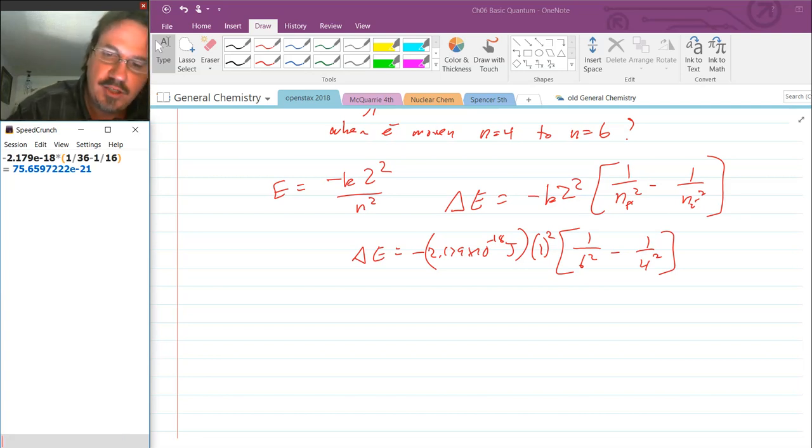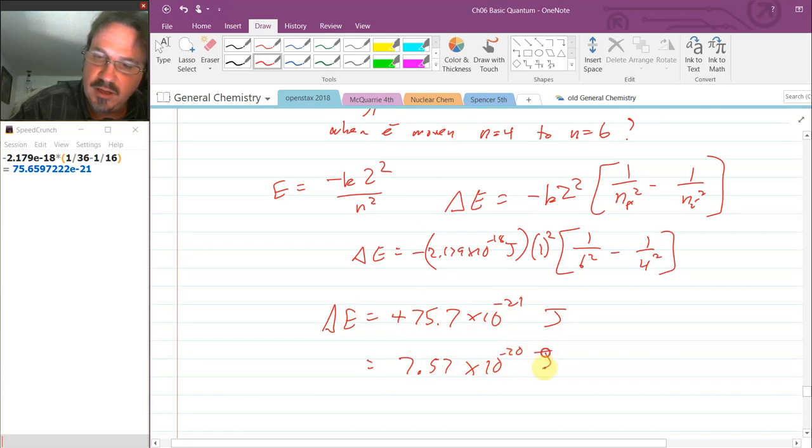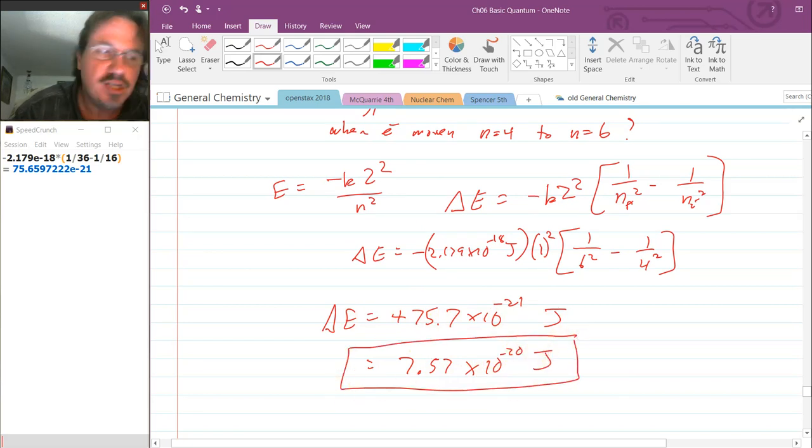Okay, so the change in energy is positive 75.7 times 10 to the minus 21 joules. Or if you prefer, that be 7.57 times 10 to the minus 20 joules. So there's the energy of the photon that's being released.